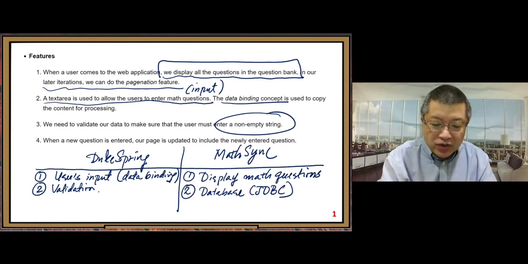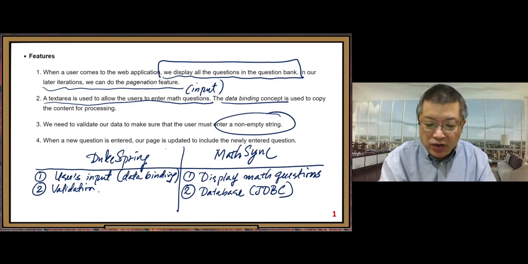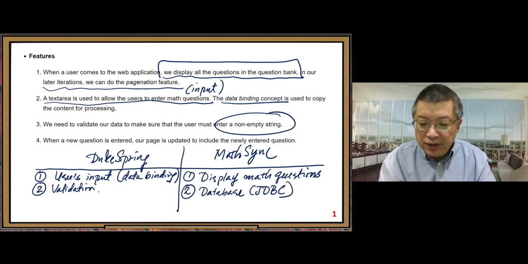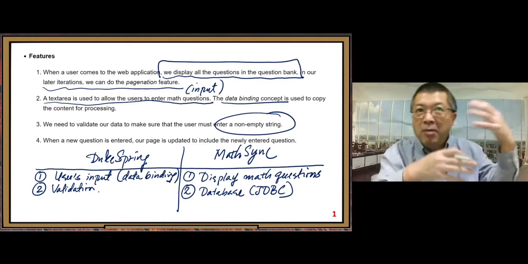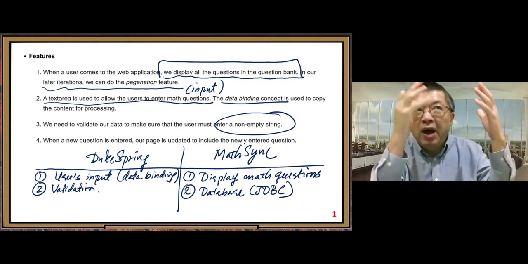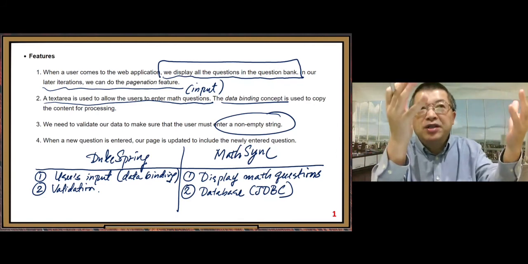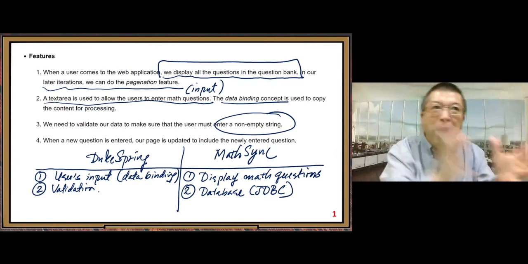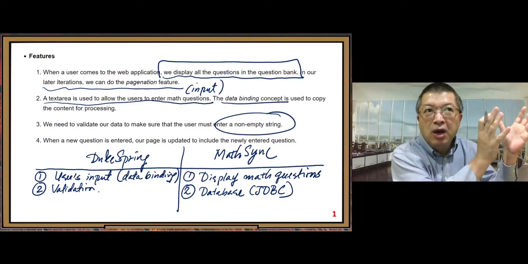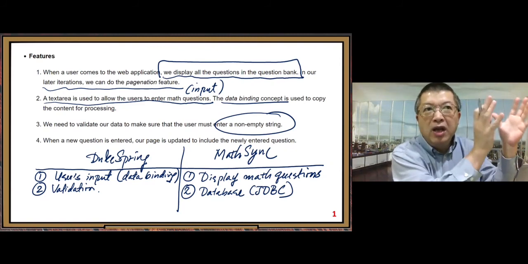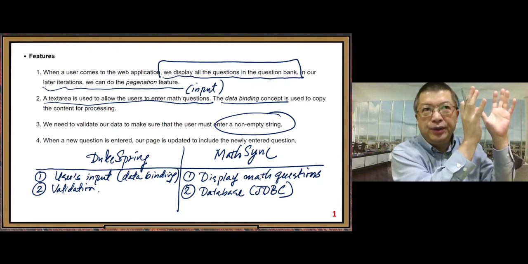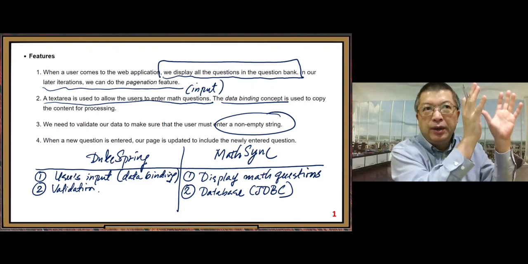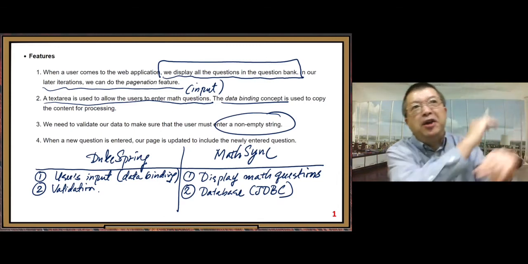When a new question is entered, our page is updated to include the newly entered question. So after we complete data processing, we need to go back to the original page. But when we go back to the original page, don't forget the data binding part.